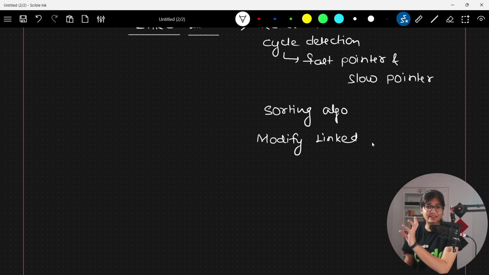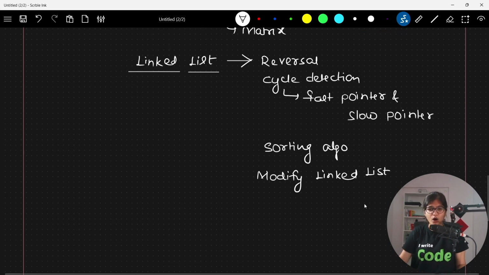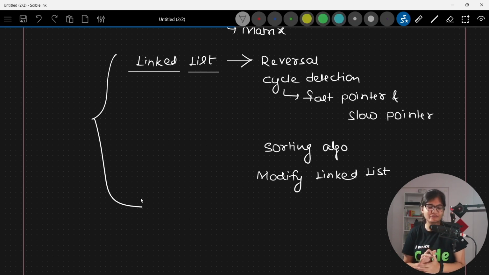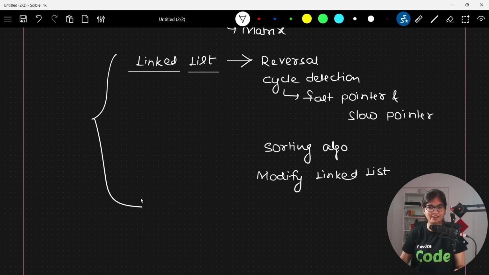Can you do addition, insertion, removal? So modification inside the linked list can also come into the picture. All these questions I am talking about can be asked. There is a variety of other questions as well, but these are the kind which people usually face, even in very good companies.